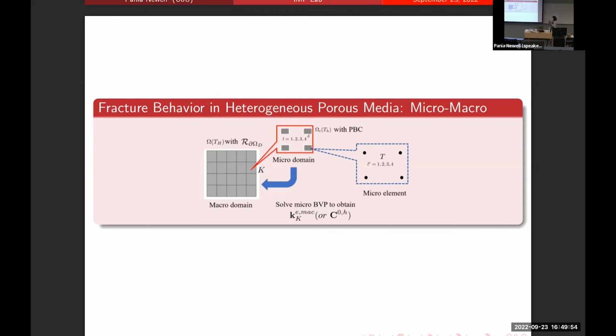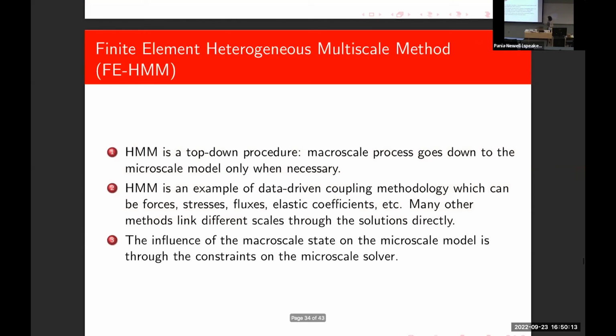For that purpose, we look at the homogenization tools. There are various methods for homogenization. Most of them, it's basically you are looking at two different boundary value problems and you solve them and you try to understand the macroscopic response, or the response at the larger scale.